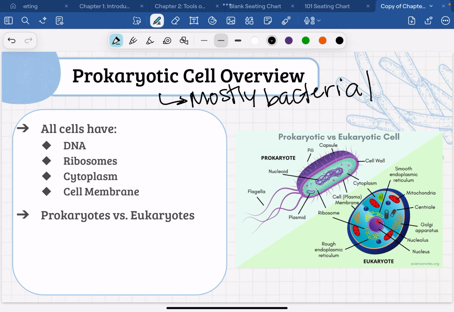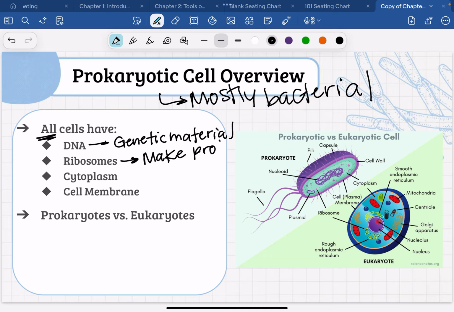All right, so just as a review, we talked about this in the last chapter, or the last lecture, I think. All cells, including prokaryotes and eukaryotes, this is a little reminder, have 4 things in common. All cells, in order to be a cell, have to have DNA, or genetic material, ribosomes, which make proteins.